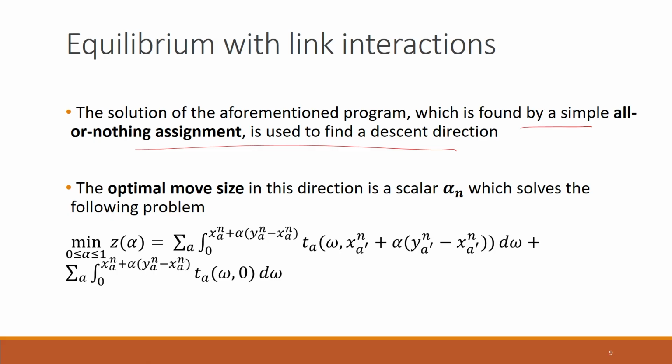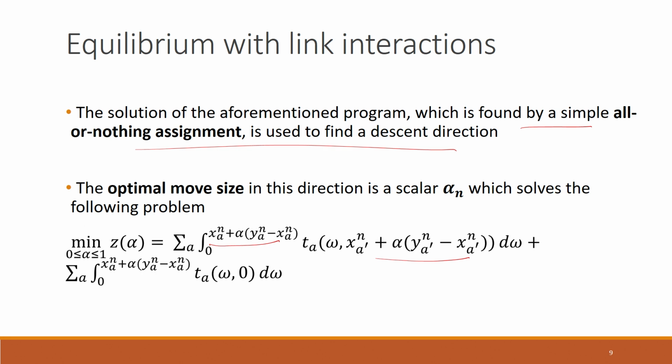That optimization problem becomes the following when we have these link interactions. So, what we have done here is that in the objective function that we saw for this optimization problem in the last class, we have replaced wherever xa was there with xa n plus alpha times y a n minus xa n, and wherever xa dash was there, we have replaced it with x a dash n plus alpha times y a dash n minus x a dash n.